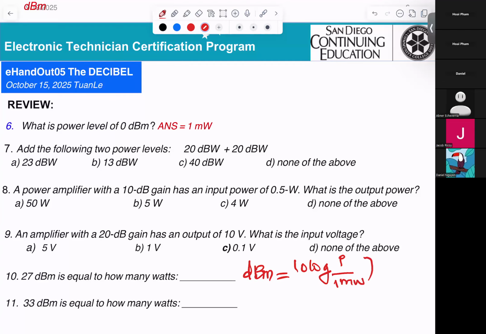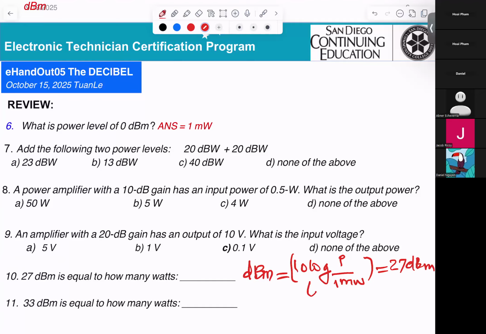So it will be 10 times log of P over 1 milliwatt equals 27 dBm.